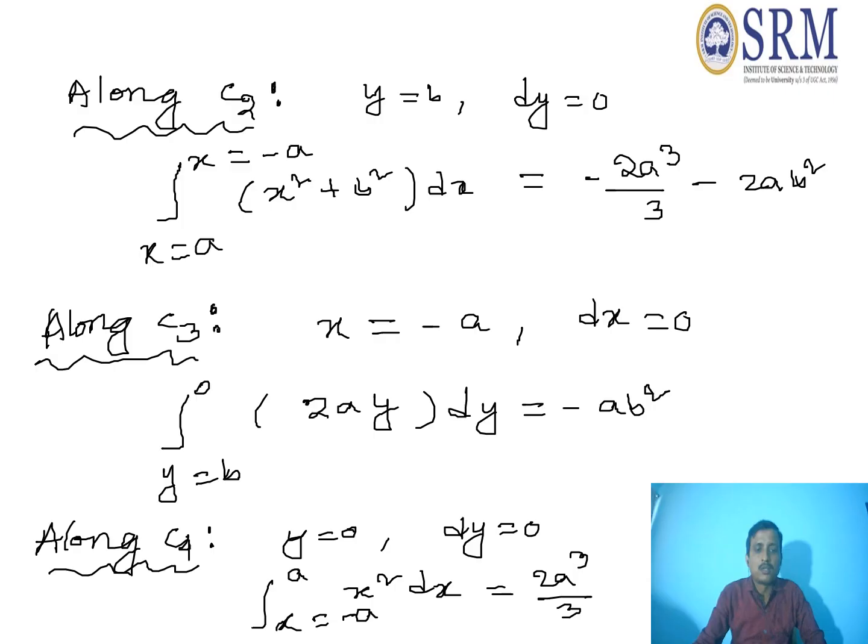Okay, now already along C1 we got that value, along C2 this is the value, along C3 this is the value, and along C4 this is the value, and you substitute these four values in equation 1. We are going to substitute these values in equation 1.